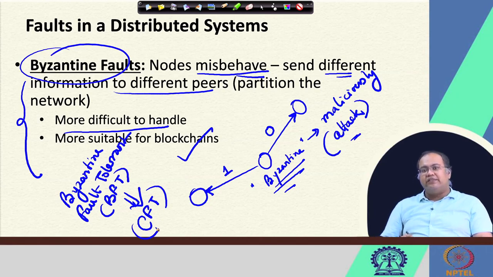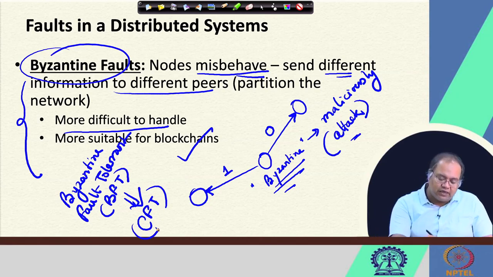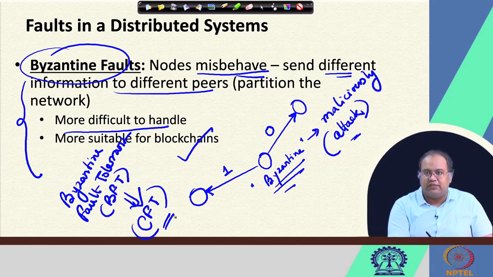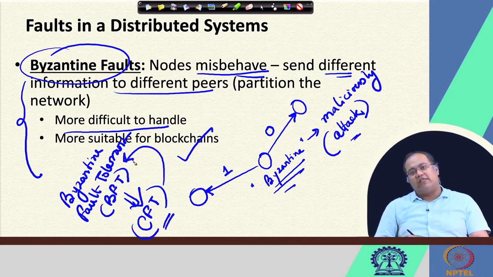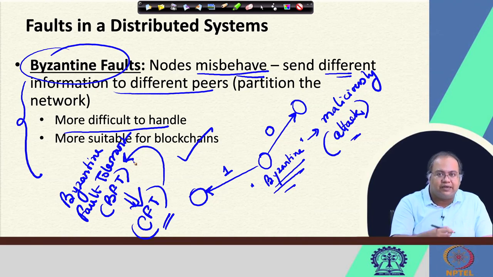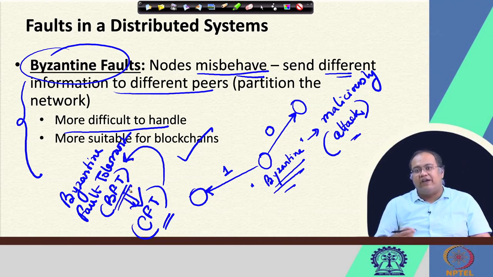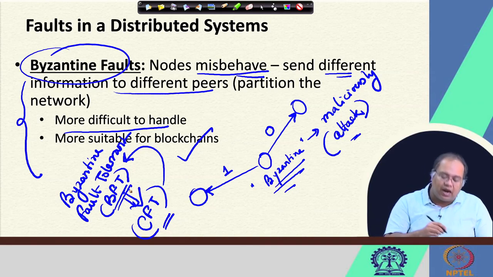Because of that, it is important to first understand how CFT consensus works, then from there we will go back to Byzantine fault tolerant consensus and see how it works. If I directly jump to discussing the BFT consensus algorithm, it will be difficult for you to understand. That is why we will start with the crash fault tolerant algorithm and gradually move towards the Byzantine fault tolerant algorithms.